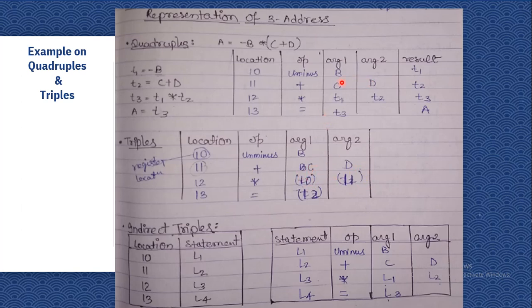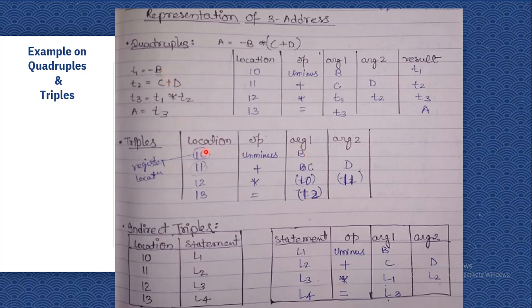In the quadruples we have 4 fields. A separate result field is also in the quadruples where we show our result, while in the case of triples we use the memory location in place of this result. So we are storing this t1 cross t2 into the memory location of 12, where t1 is unary minus of b.